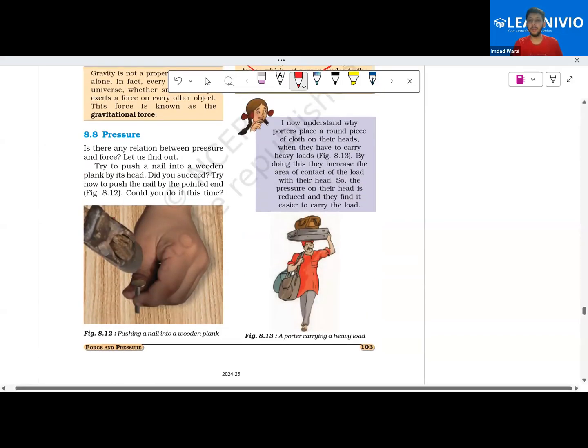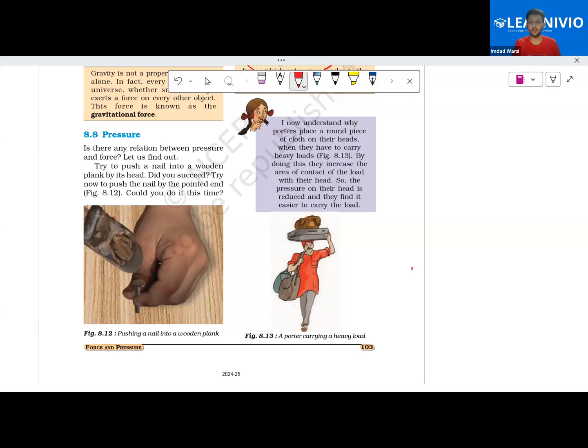Why does a porter place a piece of cloth on their head? Have you seen a porter carrying a load? They carry heavy loads. By doing this, they increase the area of contact of the load with their head, so the pressure on their head is reduced.